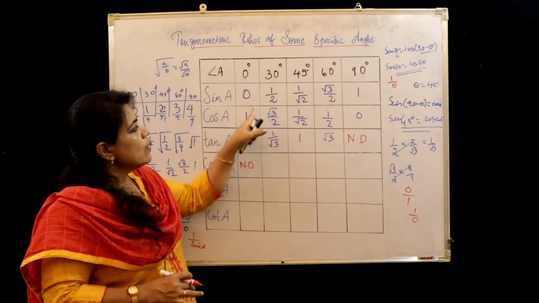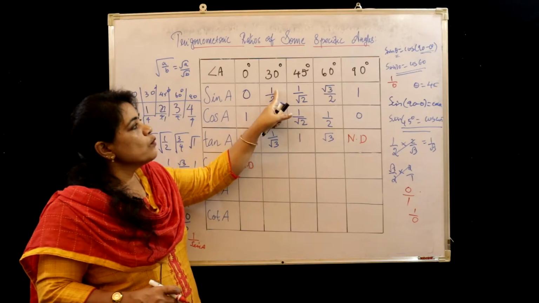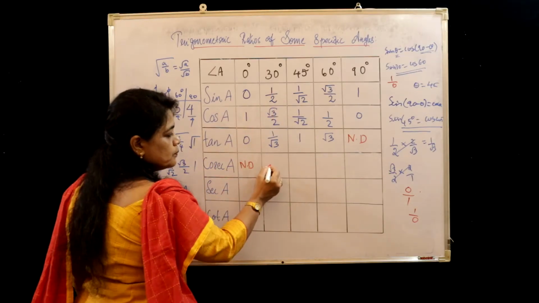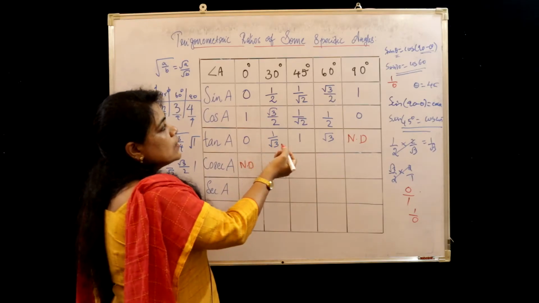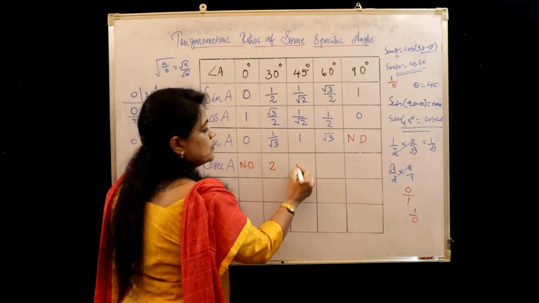Understood? Okay, now how can we get cosec 30? Sin 30 is 1 by 2, take its reciprocal, 2 by 1, so 2. And cosec 45, sin 45 is 1 by root 2, its reciprocal is root 2.